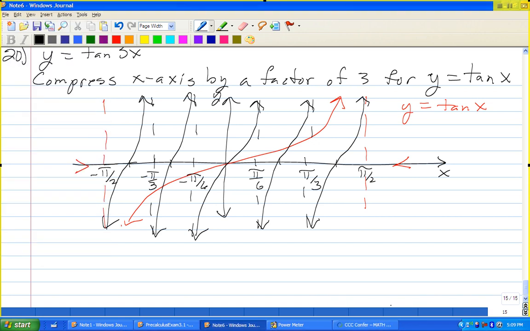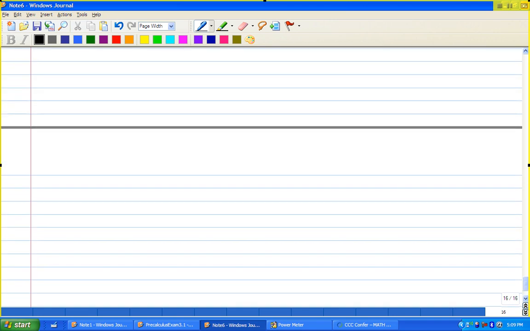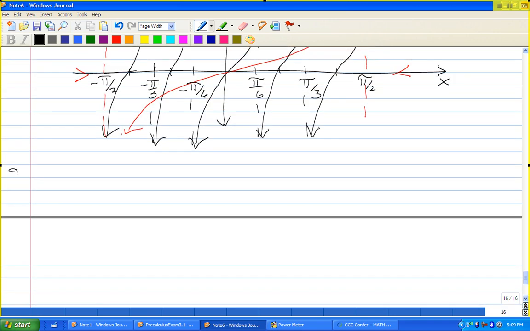Okay, 21. Sketch the graph of y equals cosecant 4x.